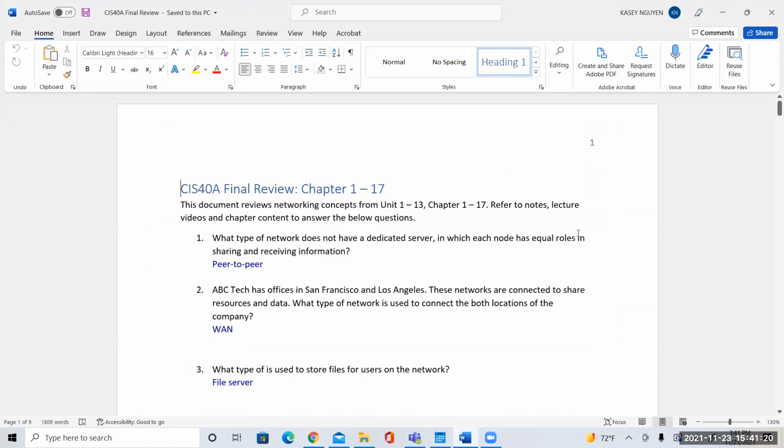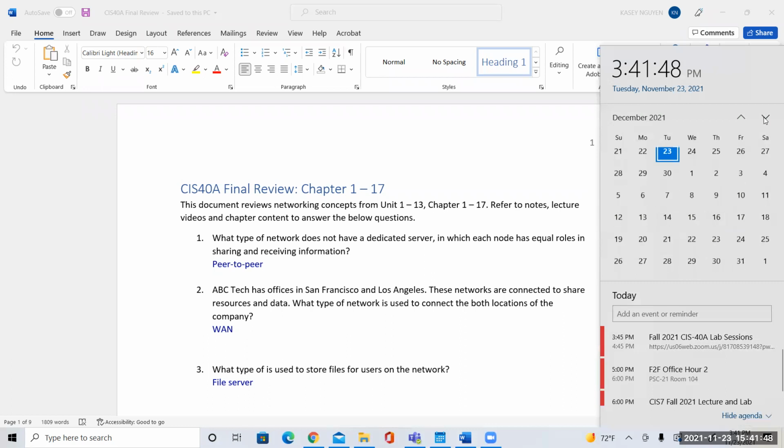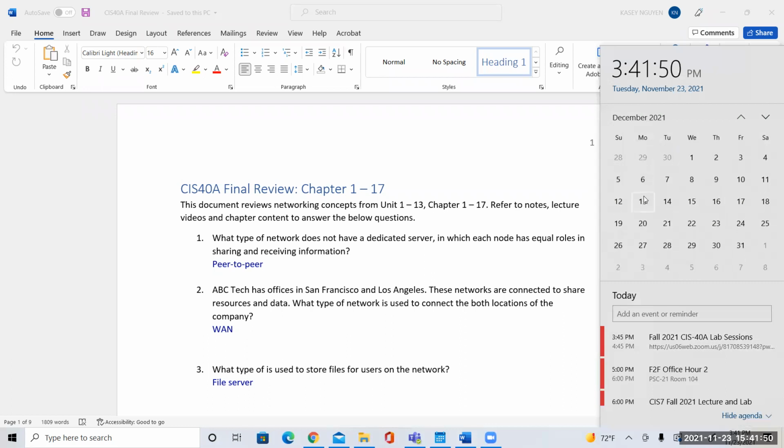Okay, so this is going to cover chapter 1 through 17. The final exam is going to be 50 questions, multiple choice, 4 points each. And it uses Lockdown Browser. I will release the password and information about the exam on Monday, December 13th.